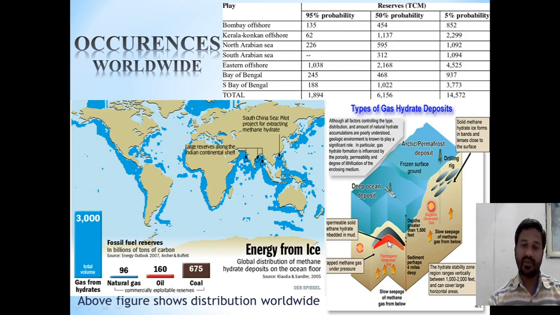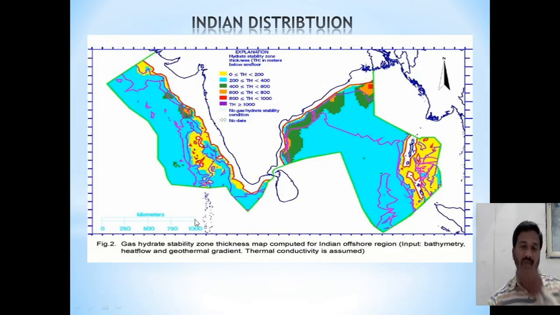They just get trapped and can also make a good reservoir for the gas hydrates. Now, if you talk about the occurrence or distribution of these gas hydrates, here the blue lines are the more highlighted ones for the gas hydrates.